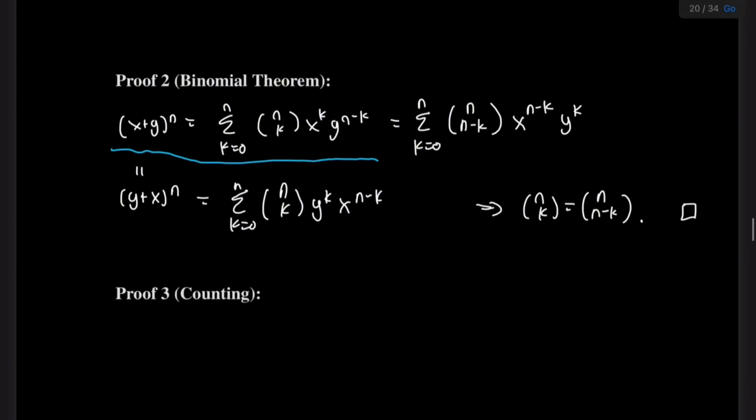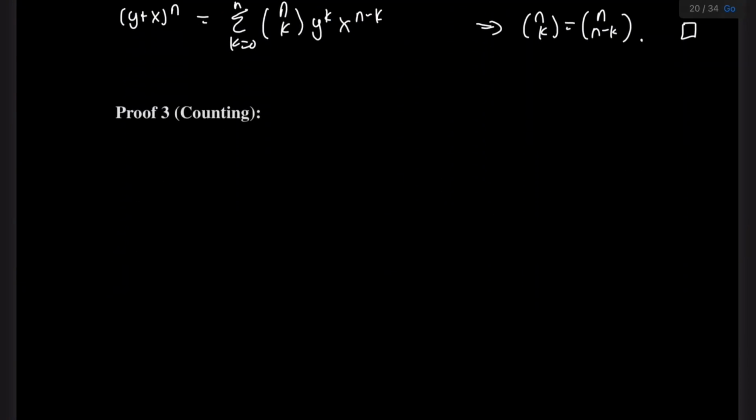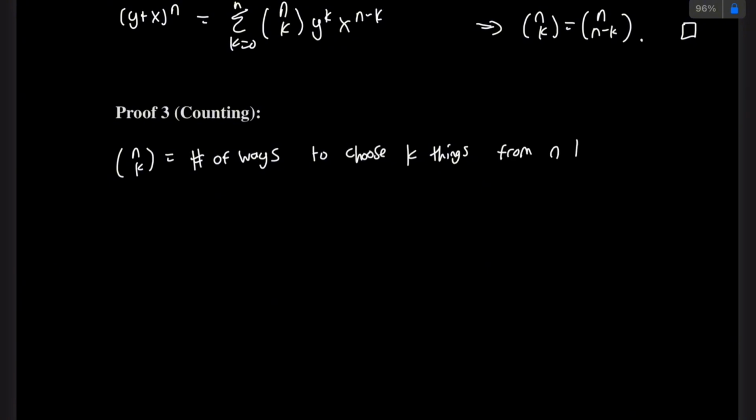Let's move on now. The counting proof. Now these are oftentimes fun because this lets us leave the world of all the algebra for a little bit and really think about what the statement is saying. Okay, so what is n choose k? In terms of its counting definition, it's the number of ways, I'm going to be a little imprecise here, to choose k things from n things.